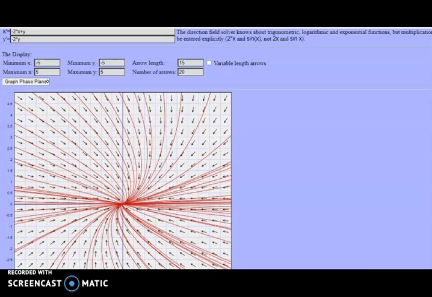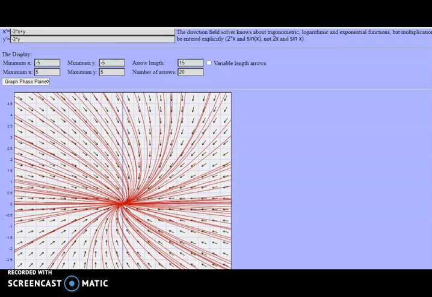In other words, sufficiently close trajectories to (0, 0) will remain close to (0, 0). So (0, 0) is stable when lambda is less than 0, and it can also be called the attractor of the trajectories, because all the trajectories are attracted towards (0, 0) as t goes to infinity, assuming lambda is less than 0.